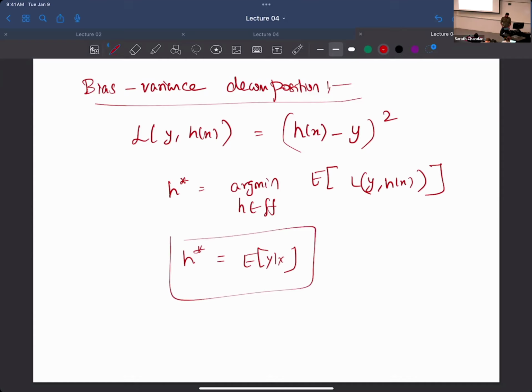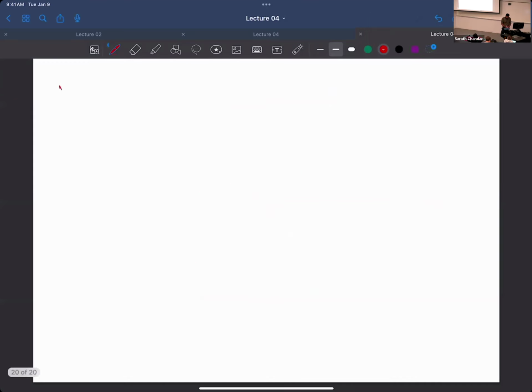Right? Okay, so now I'm going to take this loss and understand the different sources that contribute to this loss or error. So let's take the loss function, h of x minus y the whole square. I'm going to do a small addition and subtraction here.